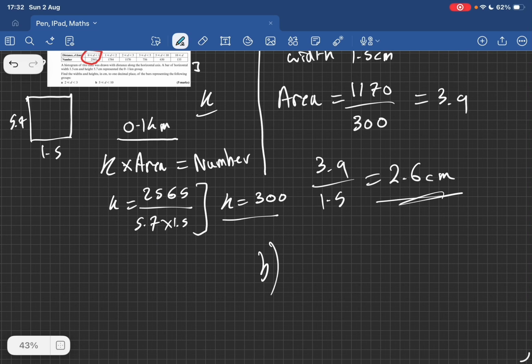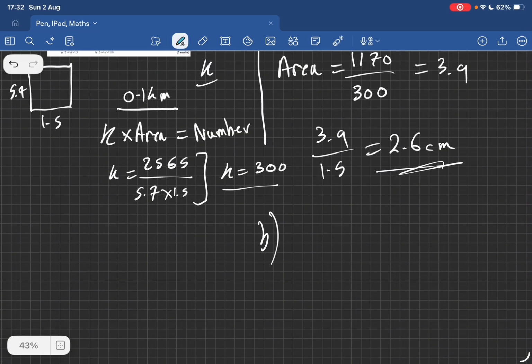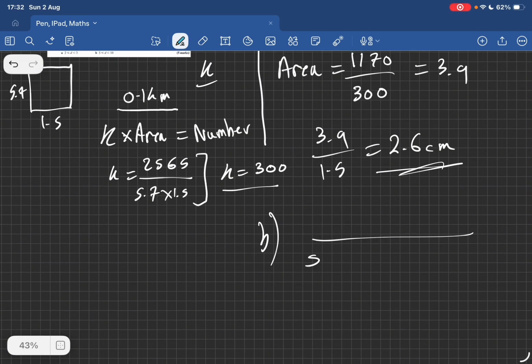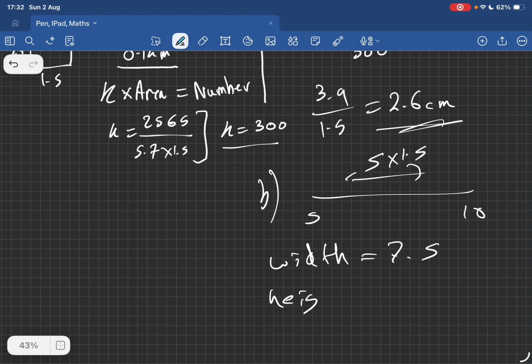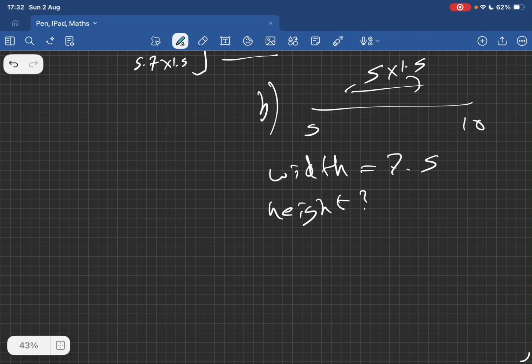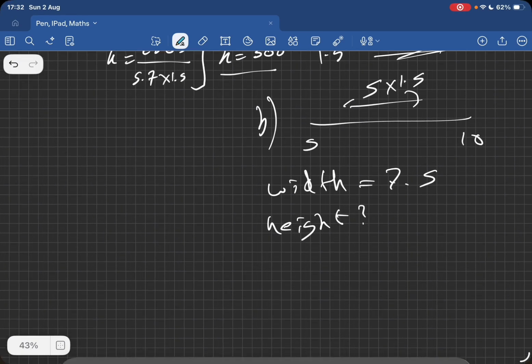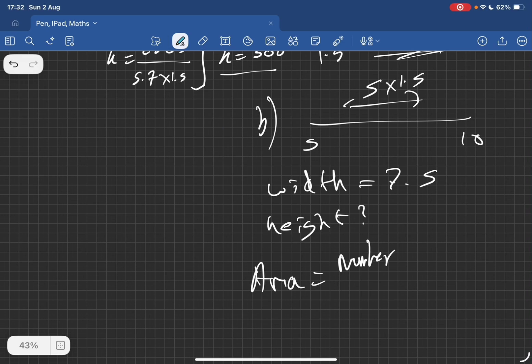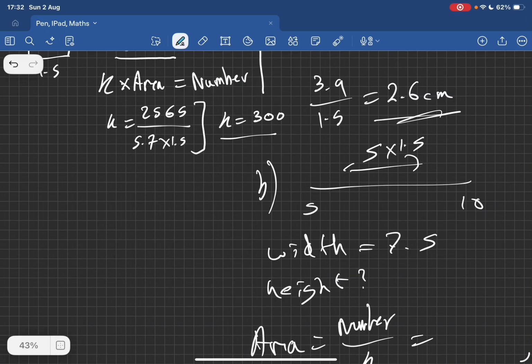Now let's find the width and height of 5 to 10. What should be the width of something that goes 5 to 10? You're going across 5, so it's 5 lots of 1.5, so our width is 7.5. What is our height going to be? Area is our number over k, which is 300.